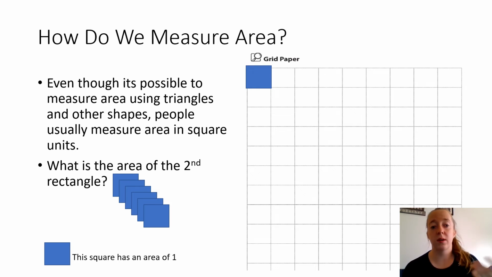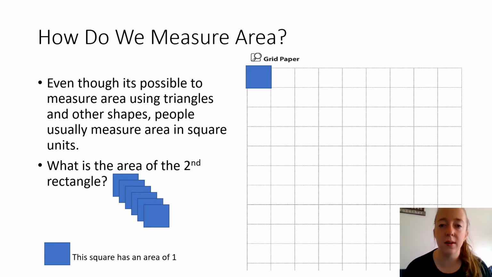So, for example, a square is 1 unit. So this blue square we have right here is 1 square unit. Now I want to ask you, what is the area of this rectangle that I'm going to put up?